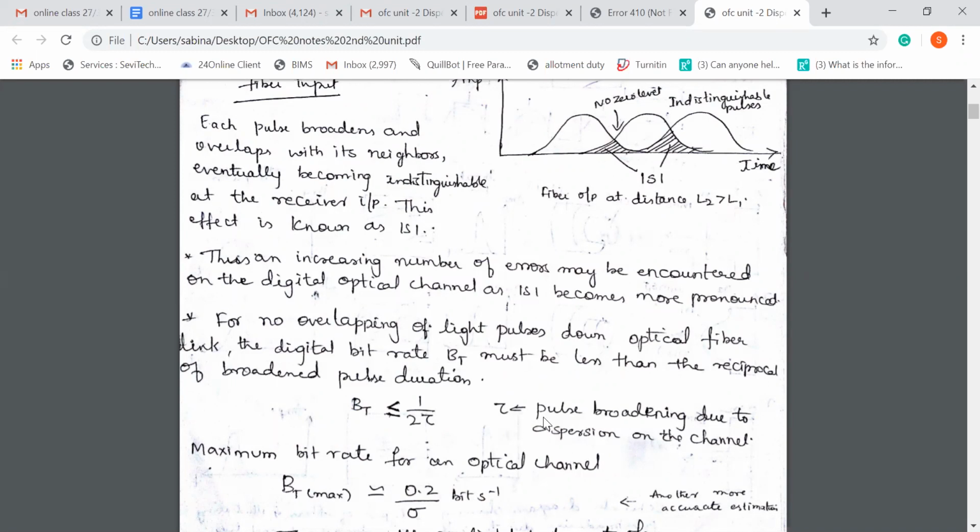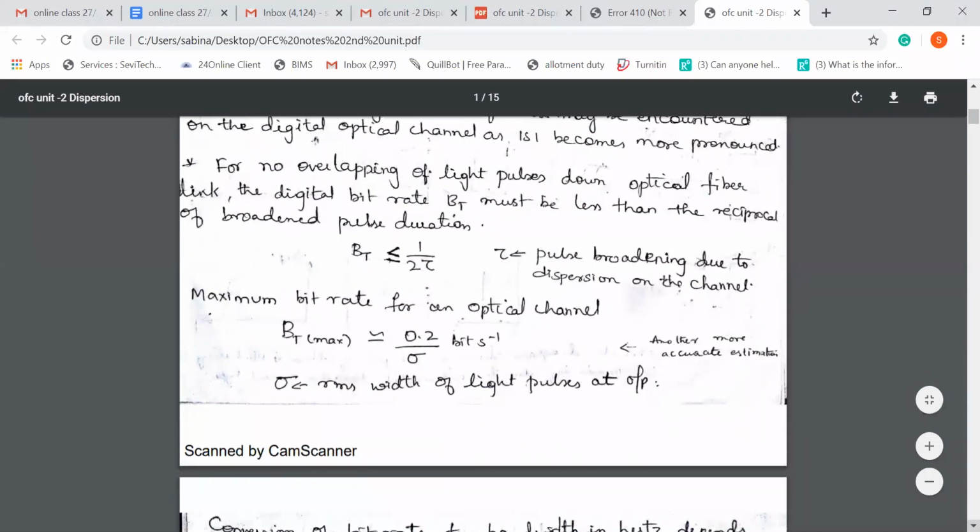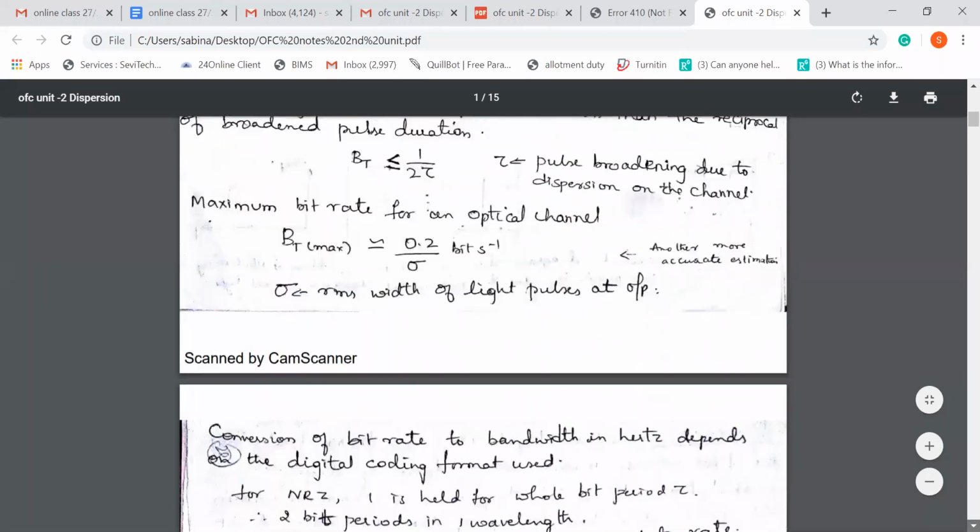You have to maintain this whenever you are sending the data. This is very important. Lambda is your pulse broadening due to the dispersion on the channel, and this is the maximum bit rate for the optical channel that you want to follow.